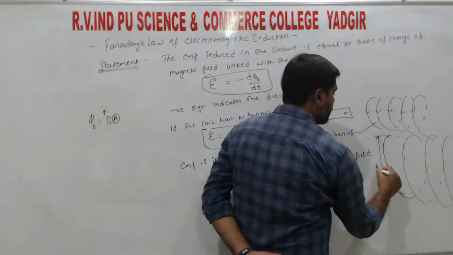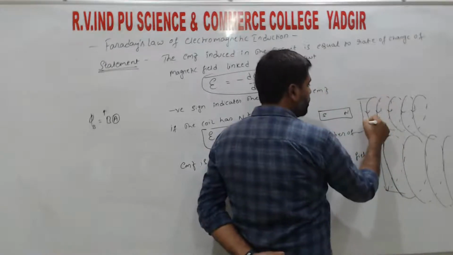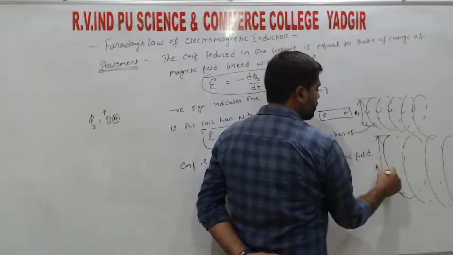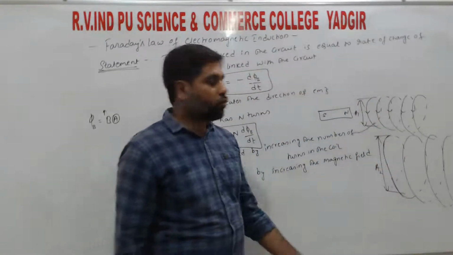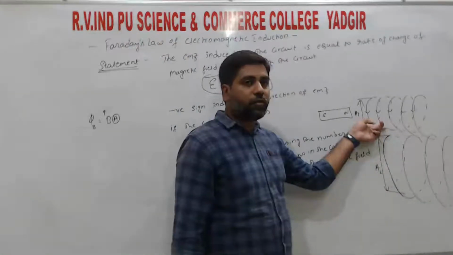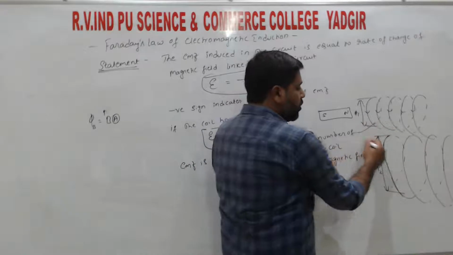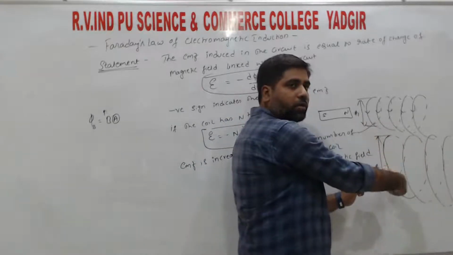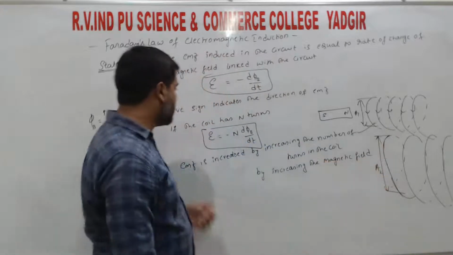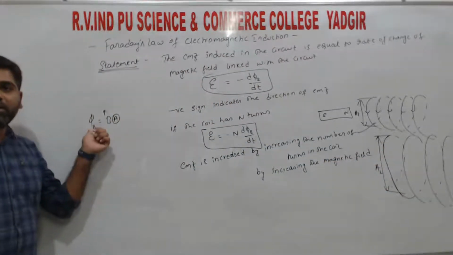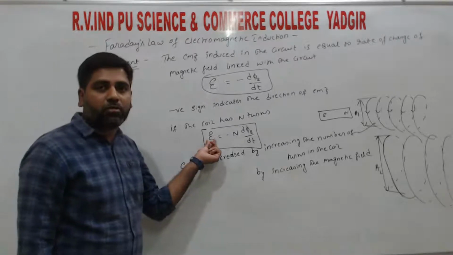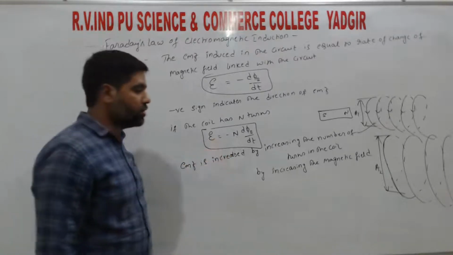So this is A. If we compare the two, given A, the area of cross section in the second coil is more than the area of cross section in the first coil. So if the area increases, the number of field lines passing through it also increases. If more magnetic field lines pass, the magnetic flux increases. If the magnetic flux increases, the induced EMF also increases, right?